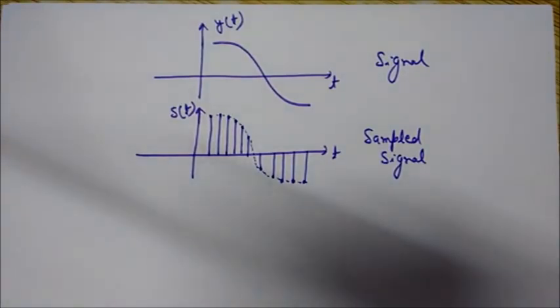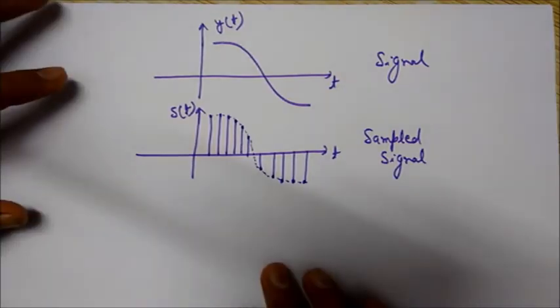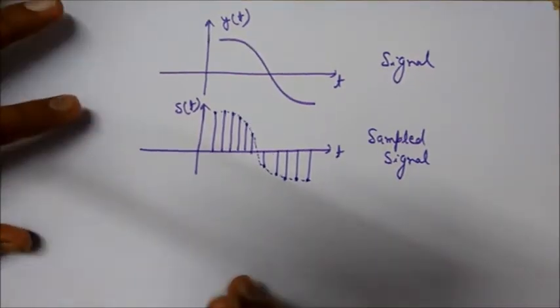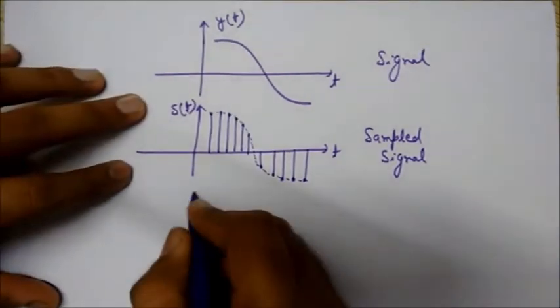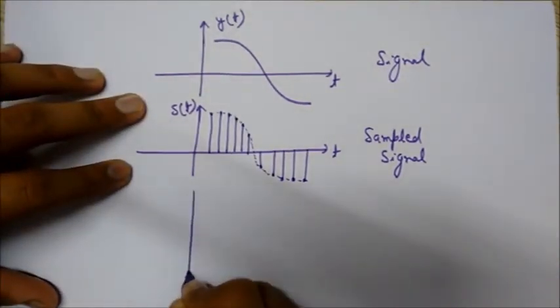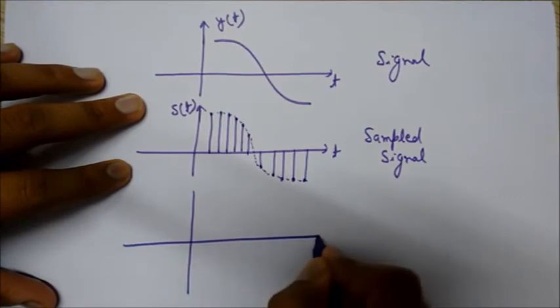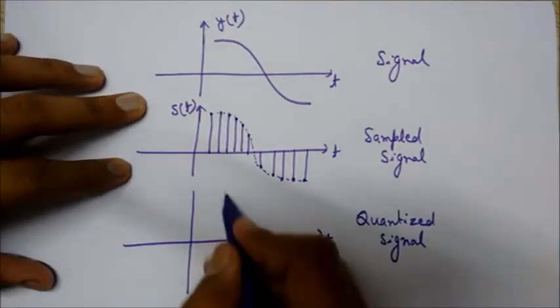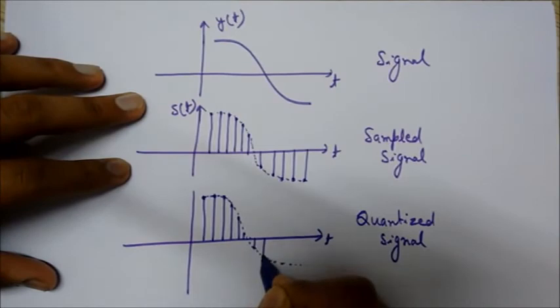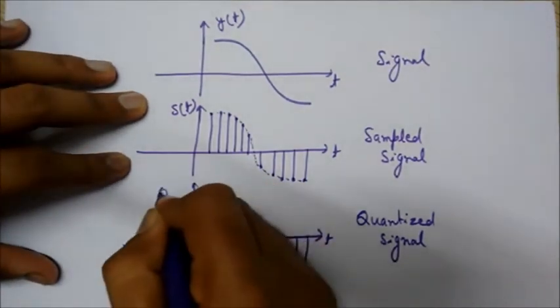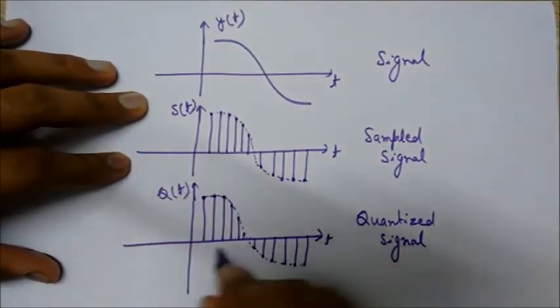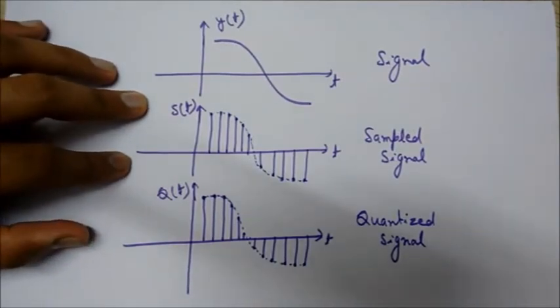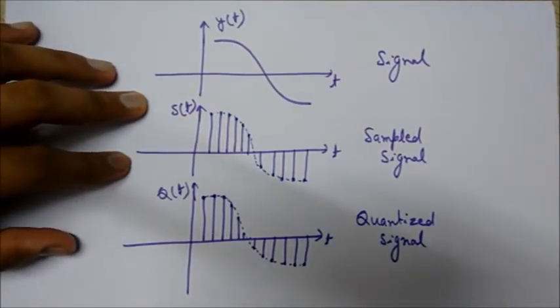Now we will see the quantization process, how a quantized signal looks. Here is the quantized signal. I am denoting it with q(t), quantized signal, and here is the time axis. What is quantization?